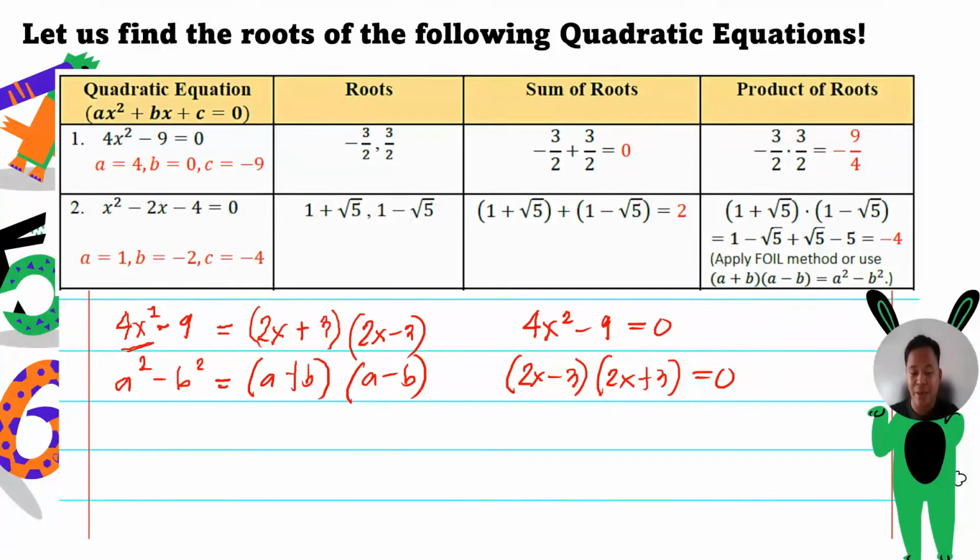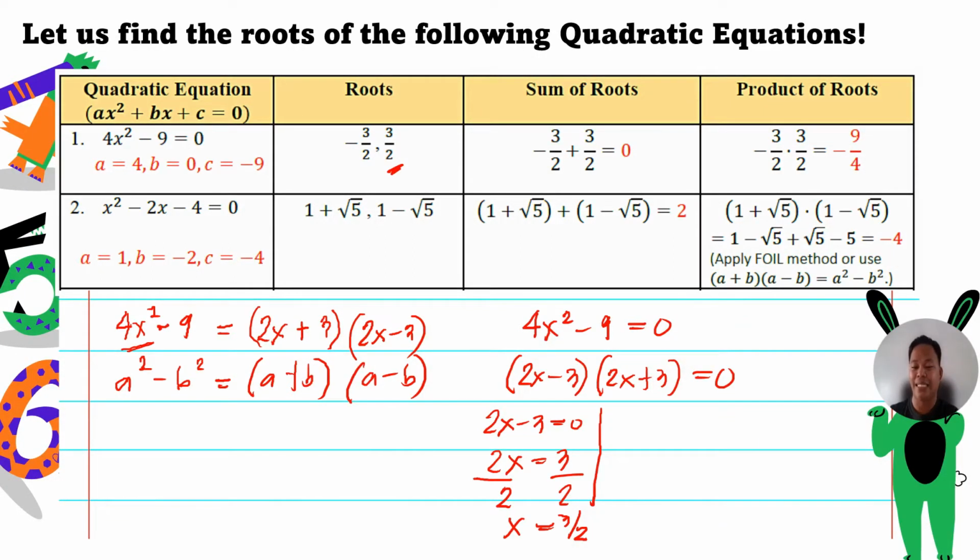Then, equate each factor to 0. So 2x minus 3 is equal to 0. 2x is equal to positive 3. Divide both sides by 2. x is equal to 3 over 2. The first root is equal to 3 over 2, which is given here.